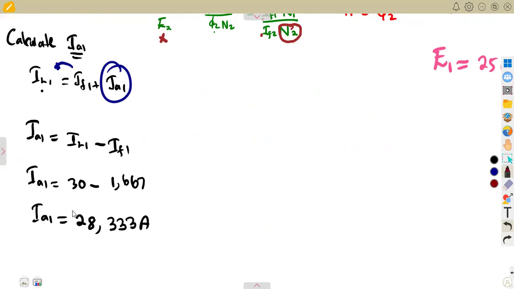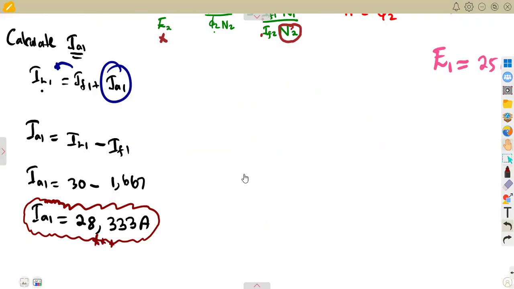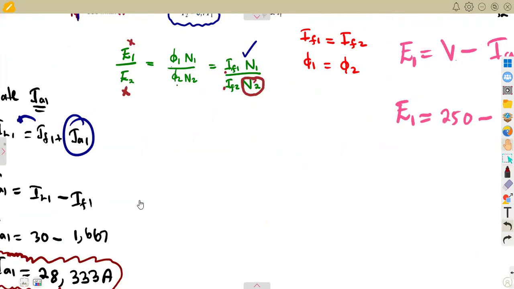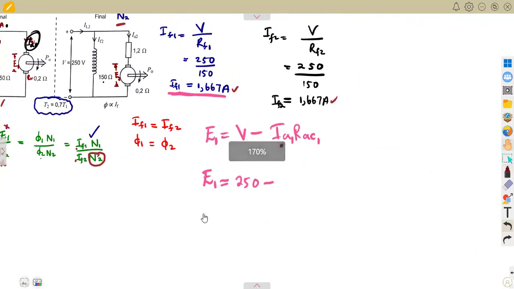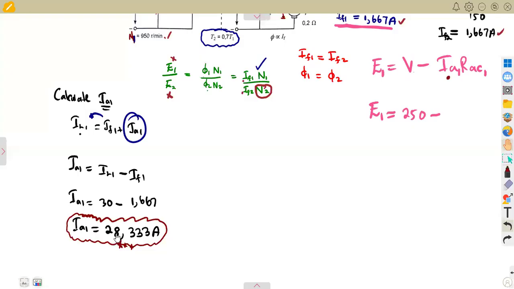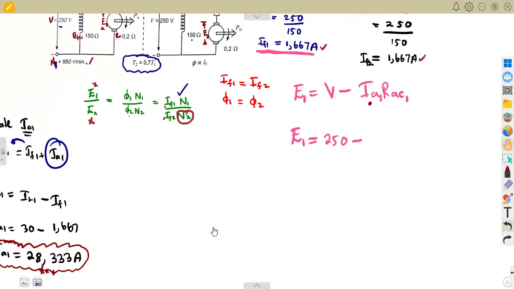Remember, this is current. All right, let us just put this one aside. You have to be careful: calculate this, move on, calculate this one, and put it aside. So we have this armature current 1, which was missing here, so that we can calculate our generated EMF from the original circuit. Our armature current from the first circuit is 28.33.